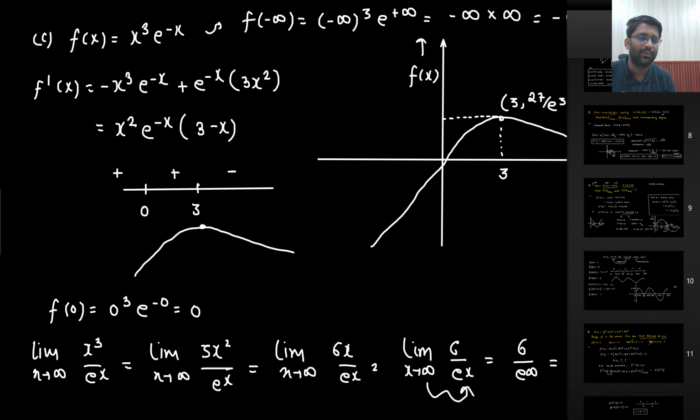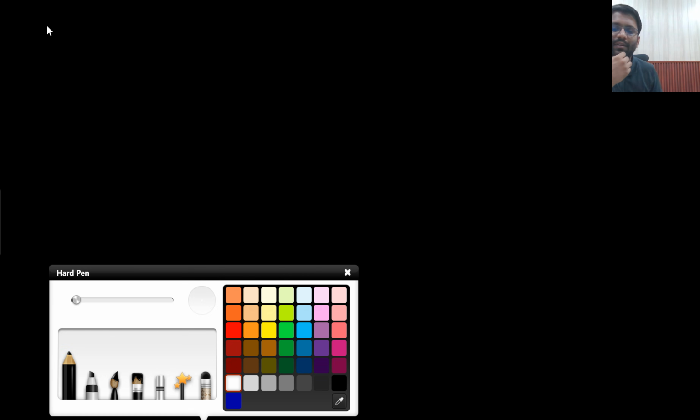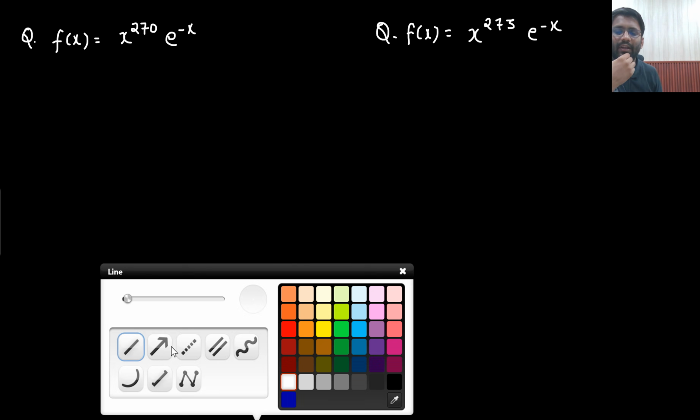Right? So if I ask you to draw the graph of x to the power 270 e to the power minus x on one side, and on the other side x to the power 273 e to the power minus x, will you be able to draw the graph?